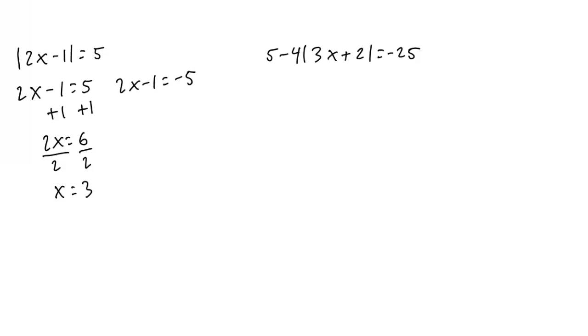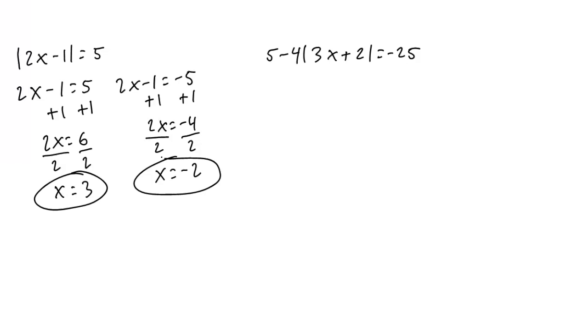You'll almost always get two answers for these. So add 1 to both sides, 2x equals negative 4, divide both sides by 2, and x equals negative 2. So we've got x equals 3, but also x equals negative 2.